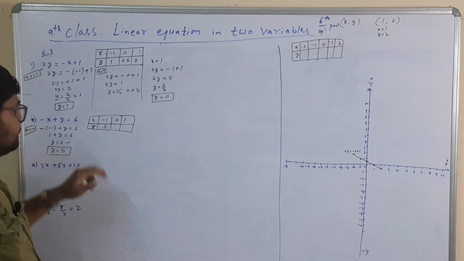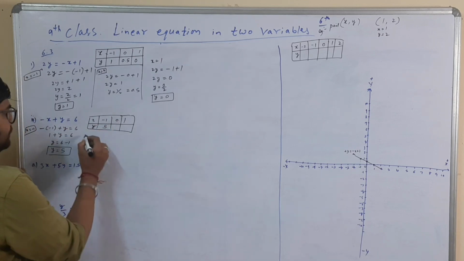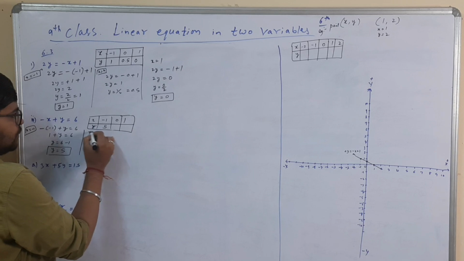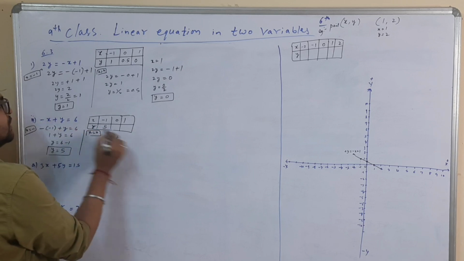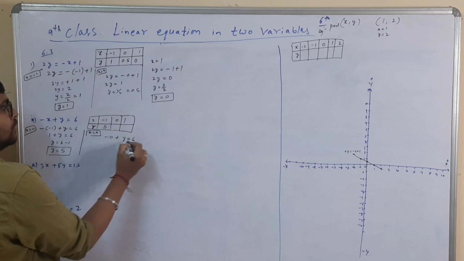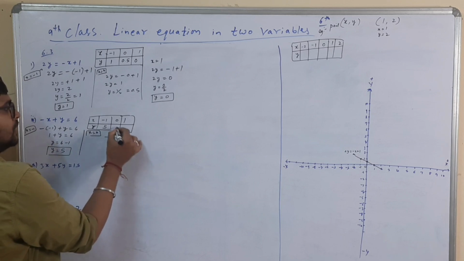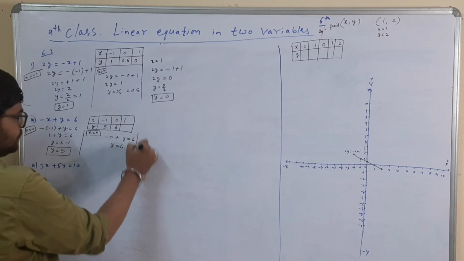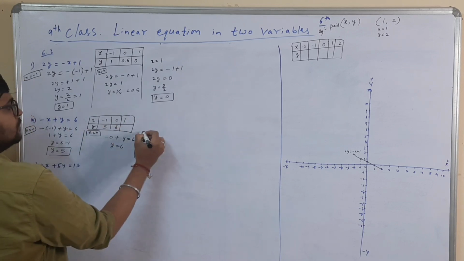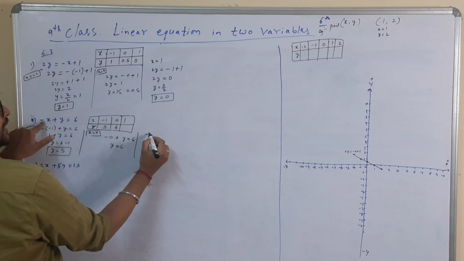Now x equal to 0. Substituting x equal to 0 in this equation, minus 0 plus y is equal to 6. Nothing is there, so y is equal to 6. So here I am writing 6. Next, last value, when x is equal to 1, substituting in this equation, minus 1.